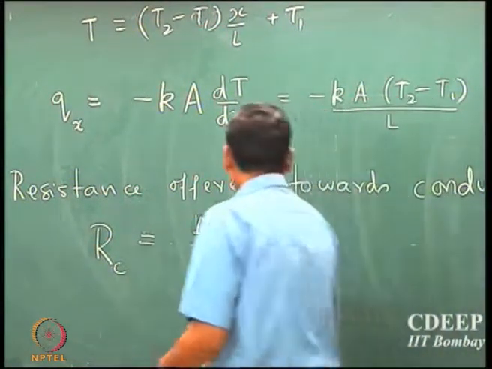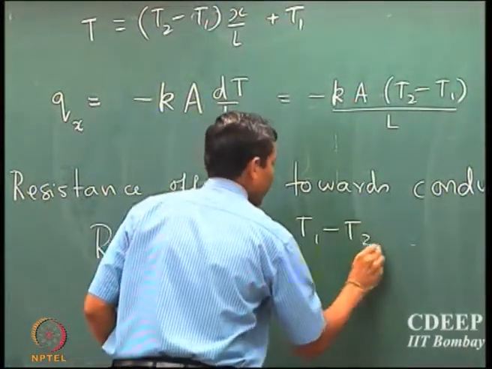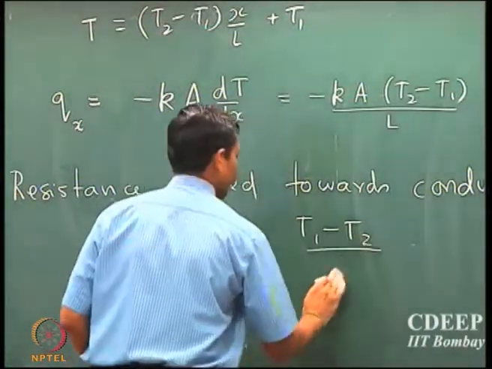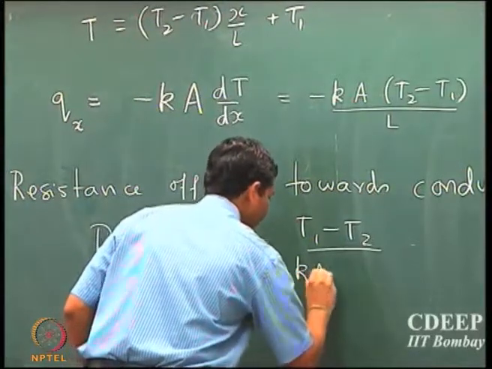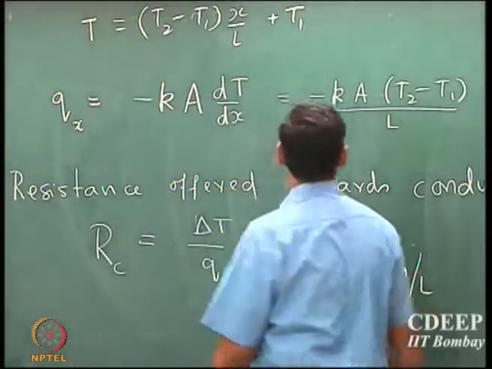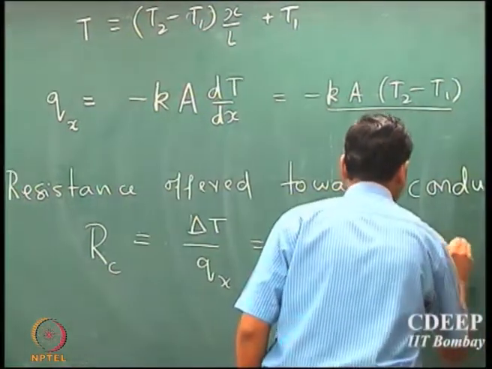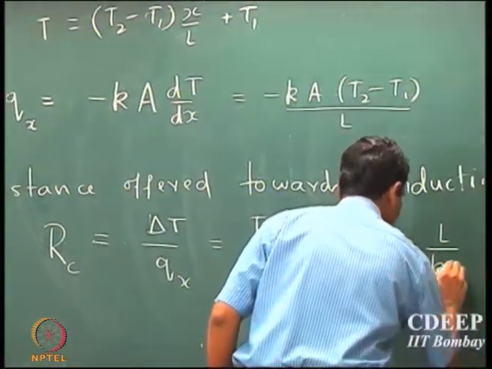That is given by T1 minus T2 divided by K into A divided by L. I have just taken the minus sign inside, and so that is nothing but L by K into A.